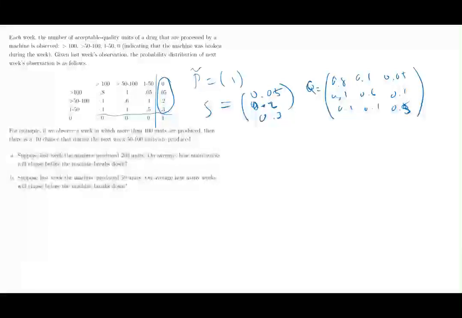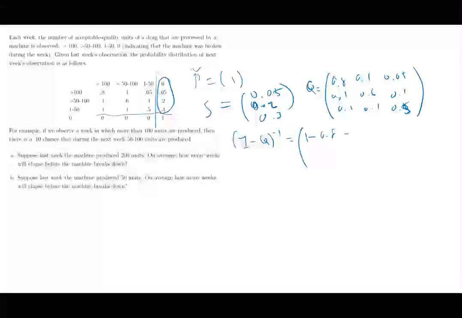I want to know the number of weeks until the machine breaks down. So I need to calculate my fundamental matrix, which needs that Q matrix. I'm going to take the identity minus Q and invert it. So that matrix is 1 minus this Q matrix.